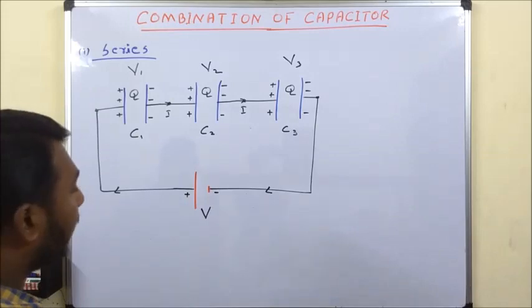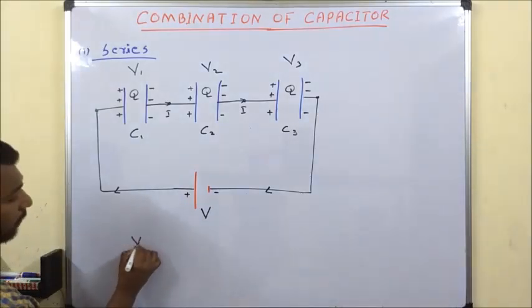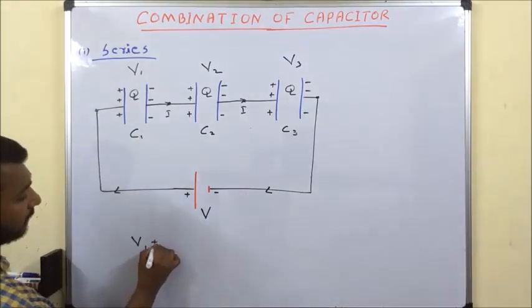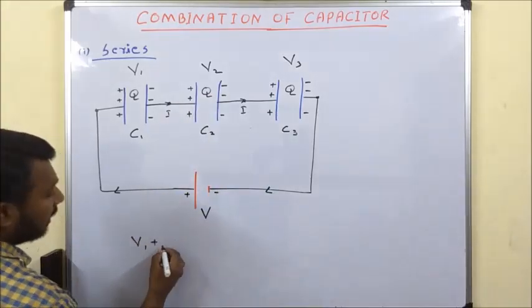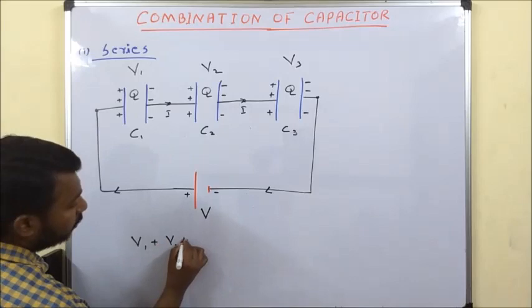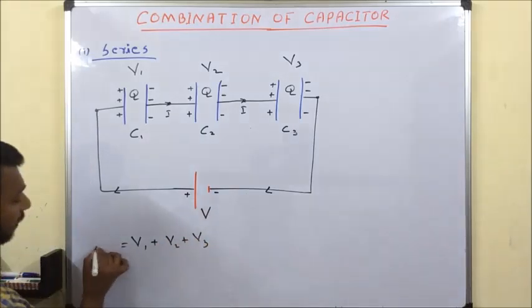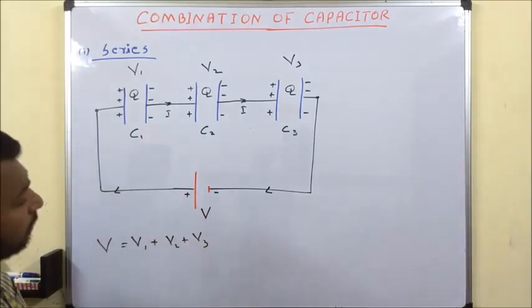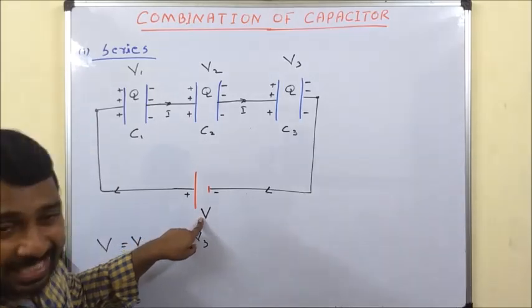And it is clear that the sum of all these potential differences across the plate terminals of the capacitors, that is V1 plus V2 plus V3, will be the applied potential difference of the cell, that is this V.